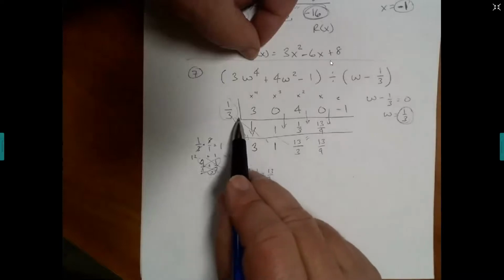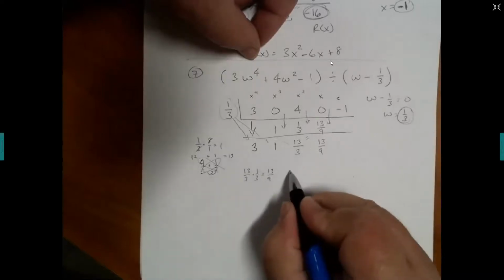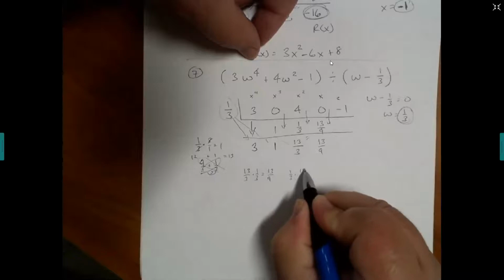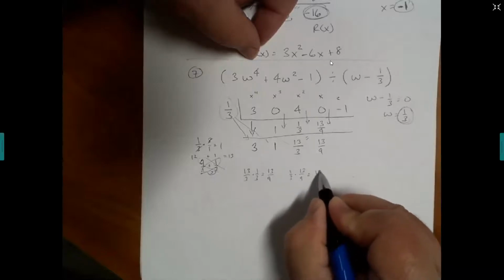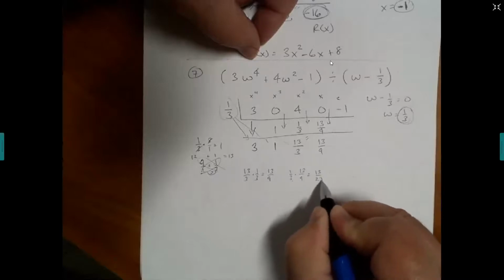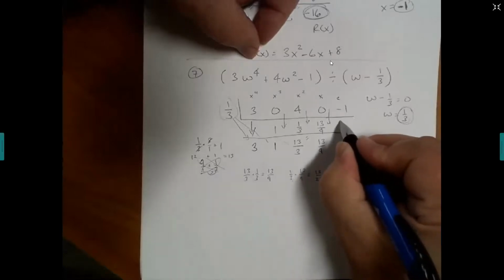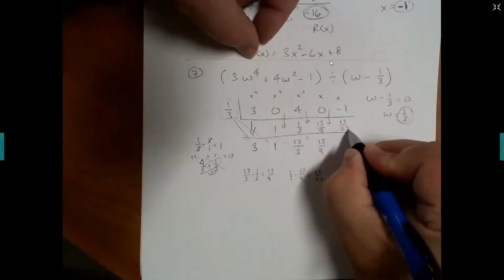And multiply. 1/3 times 13 over 9. Nothing cancels. 1 times 13 is 13. 3 times 9 is 27. We got 13 over 27.